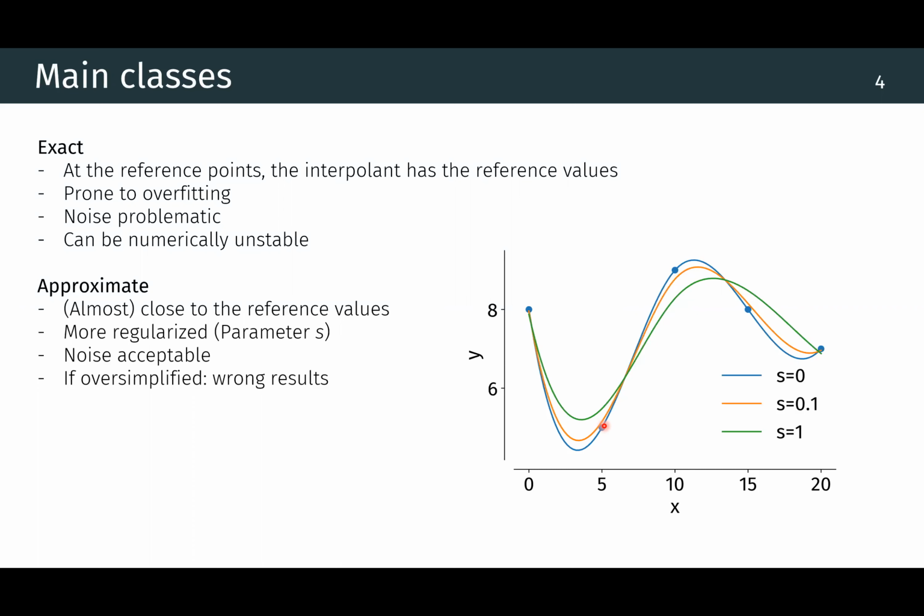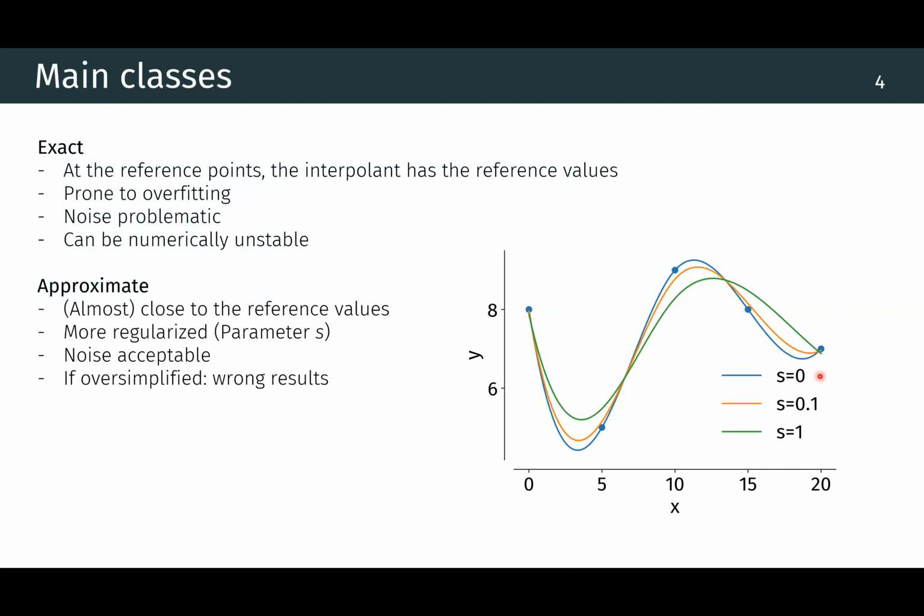But effectively, the exact methods are usually only helpful if you can be very sure of your functional form. So if you know that this y value over here is not something that is maybe subject to experimental uncertainty or subject to numerical artifacts, but this is the true value. There is only 5. And only in those cases, the exact interpolation schemes actually make sense.